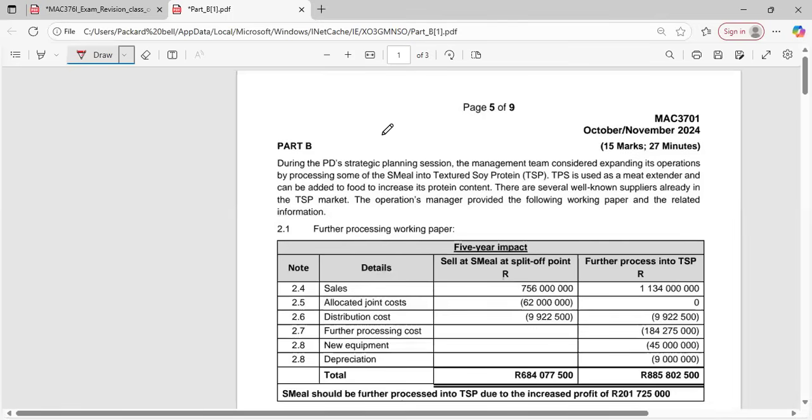So let's look at part B together and see how you guys understand what we have been doing together.